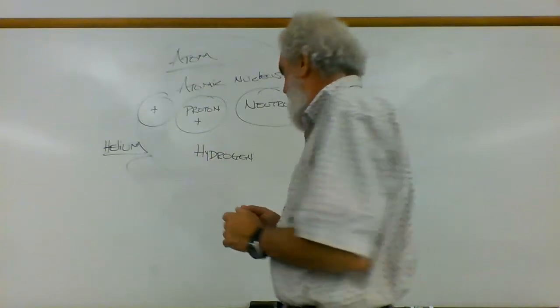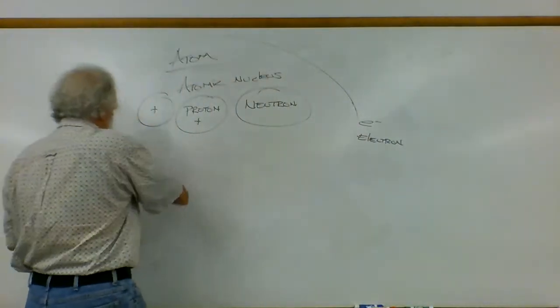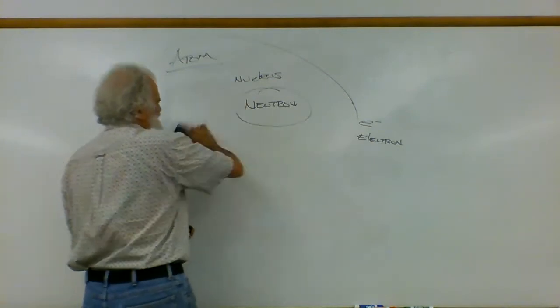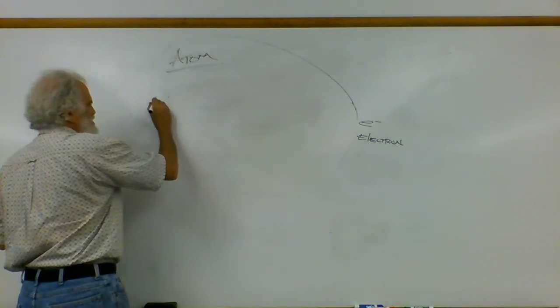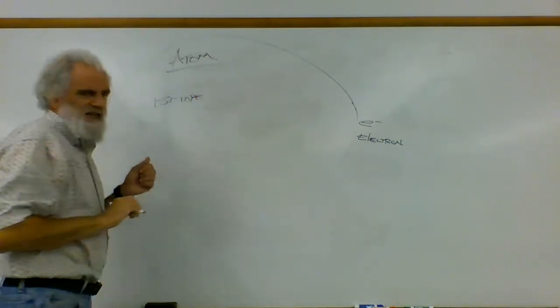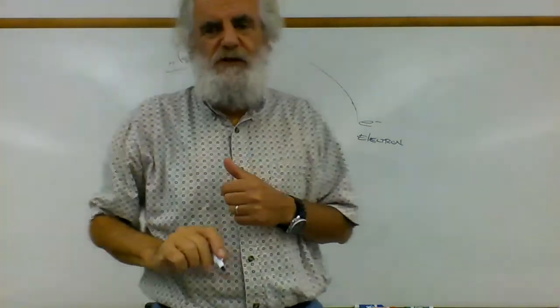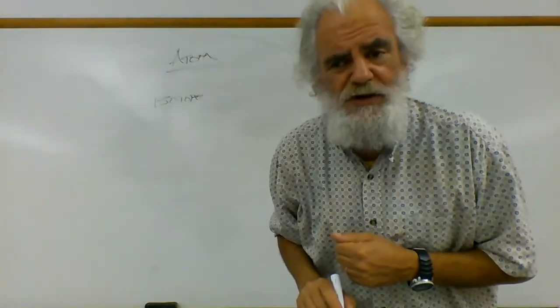So one of the terms we use, and this is a little bit of a simplification, but it's worth it for now, we have this vocabulary word that we call an isotope. An isotope is an atomic nucleus. Can you see that? Isotope, I-S-O-T-O-P-E.